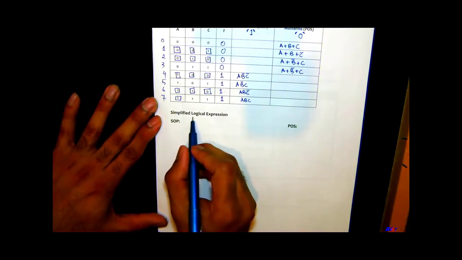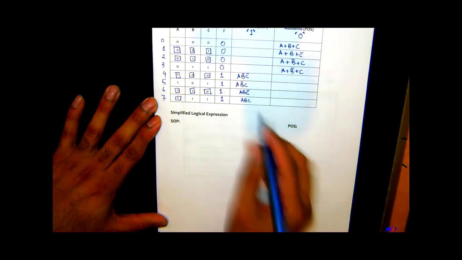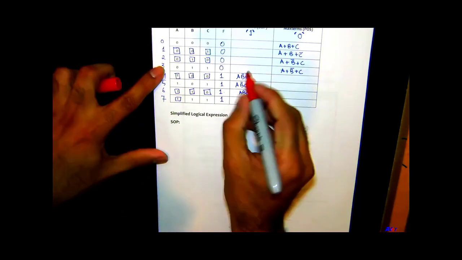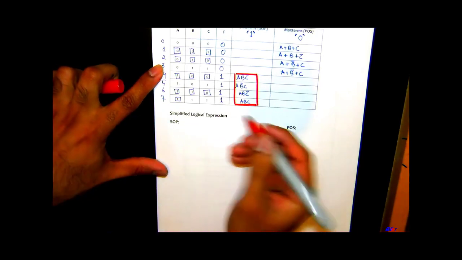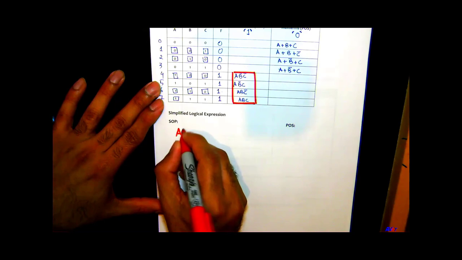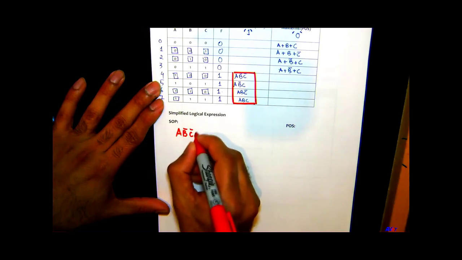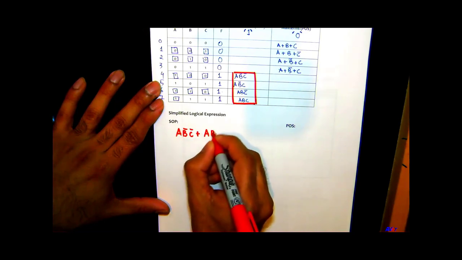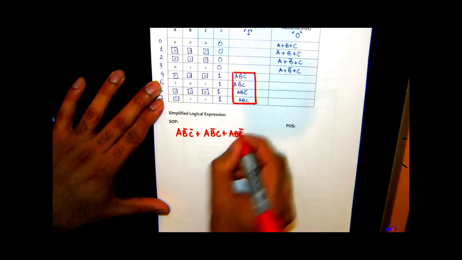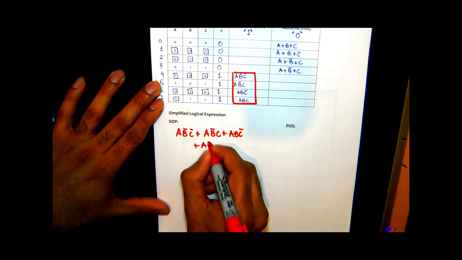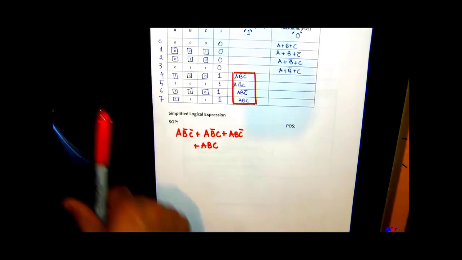So let's come up with a simplified logical expression for SOP and POS both. For SOP, we take all the ones right here, right? So we add them: A, B bar, C bar, plus A, B bar, C, plus A, B, C bar, plus ABC. Okay, this is your SOP.